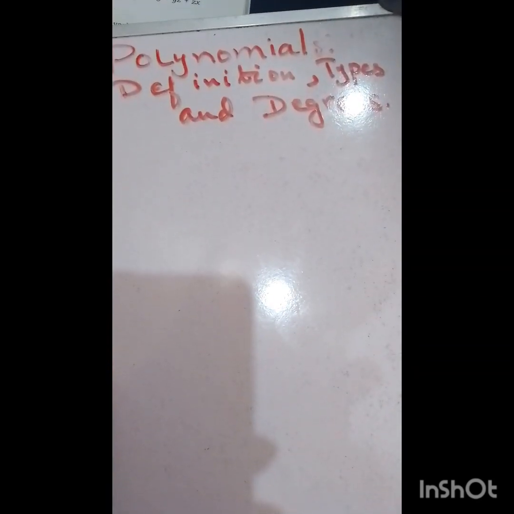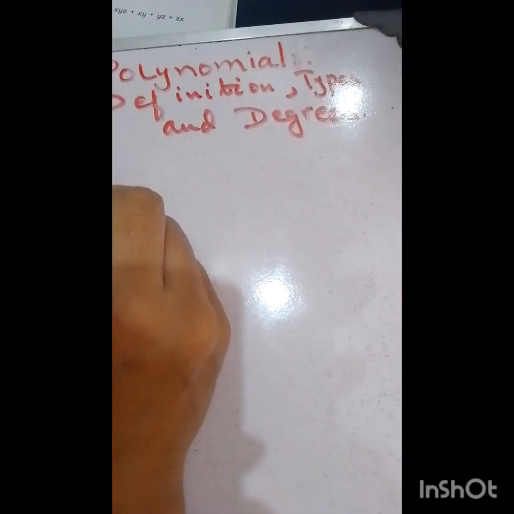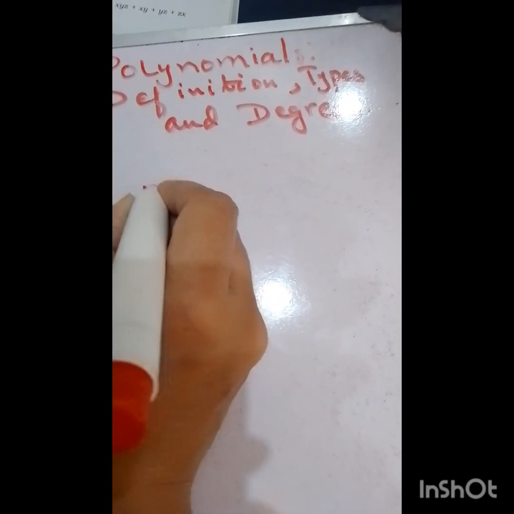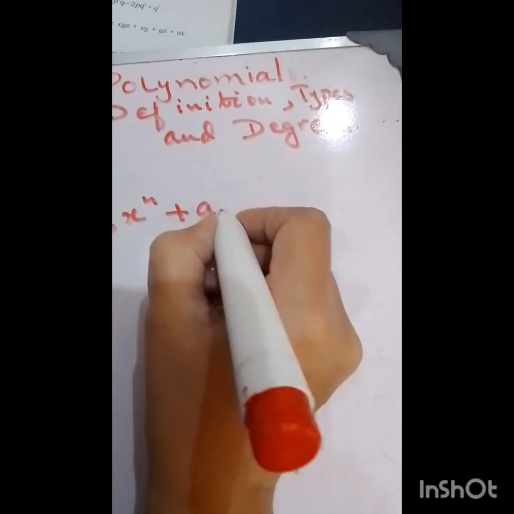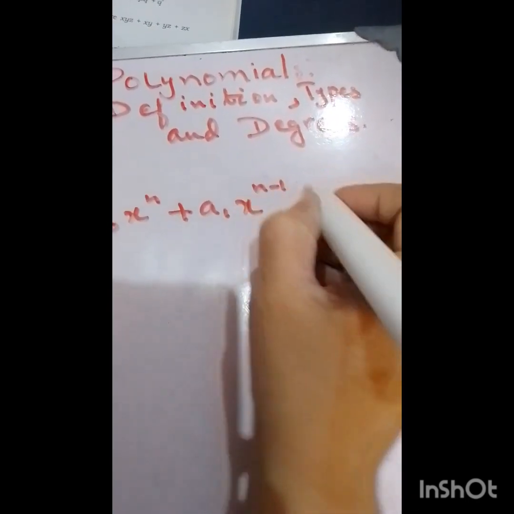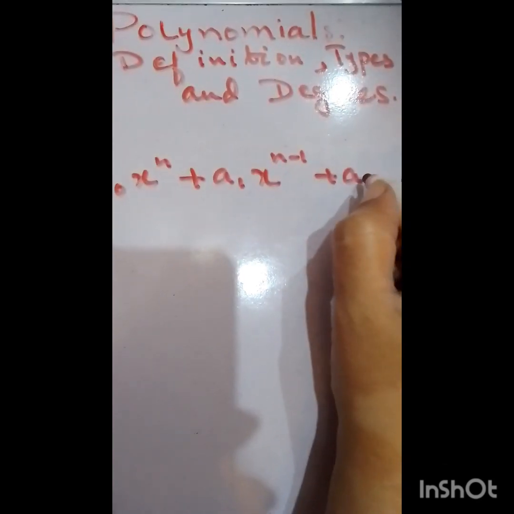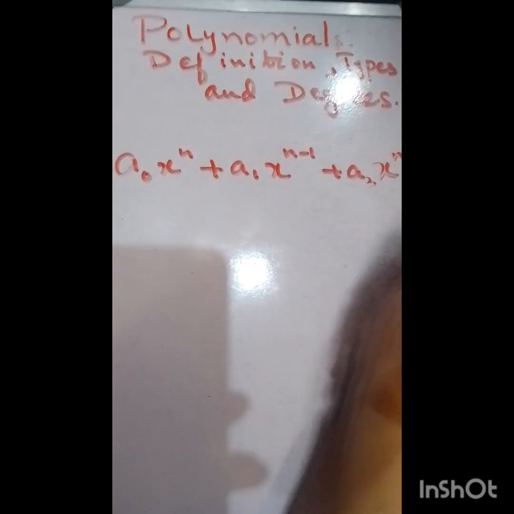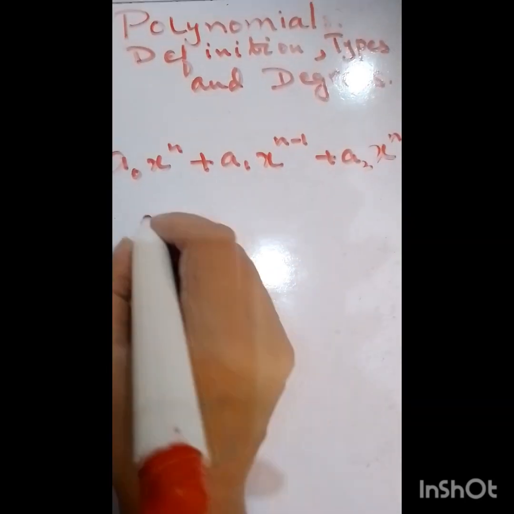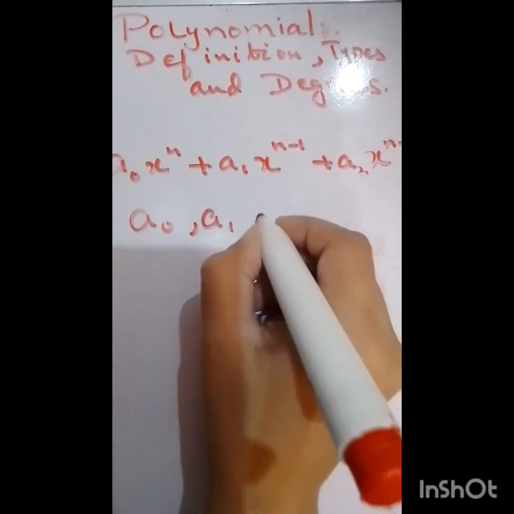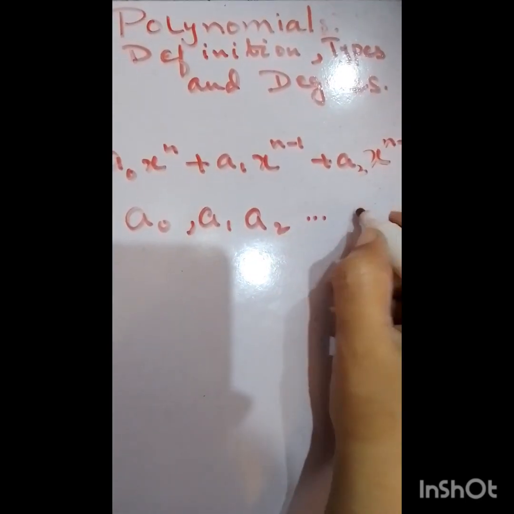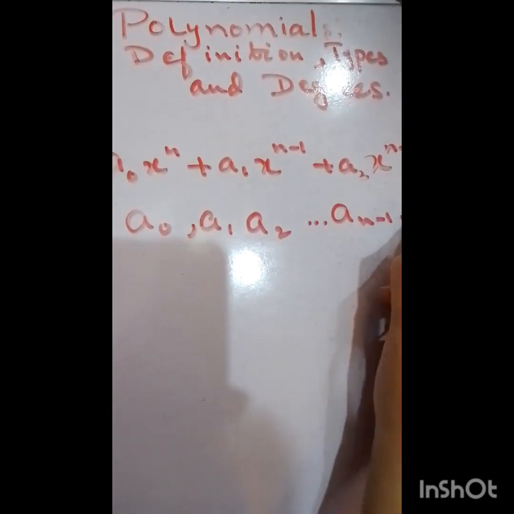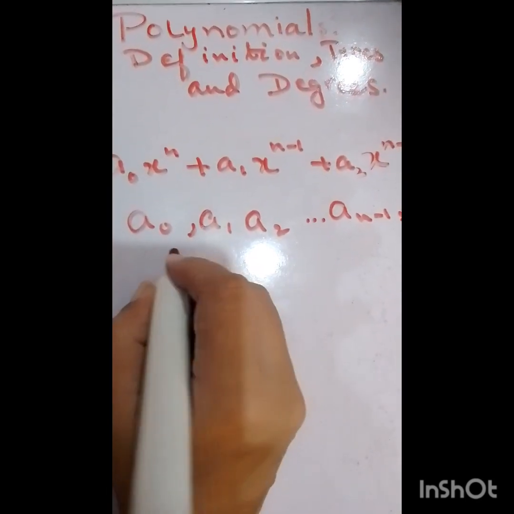A polynomial in the variable, for example x, with degree n is defined as a naught x power n plus a1 x power n minus 1 plus a2 x power n minus 2, where a naught, a1, a2, a n minus 1 and a n are real numbers.